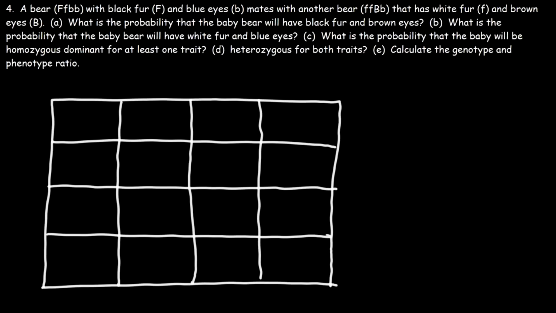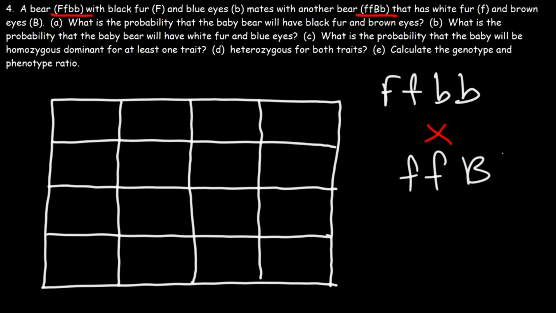Now the genotype for the first parent is going to be big F, little b, little b. And the genotype for the second parent is going to be little f, big B, little b.